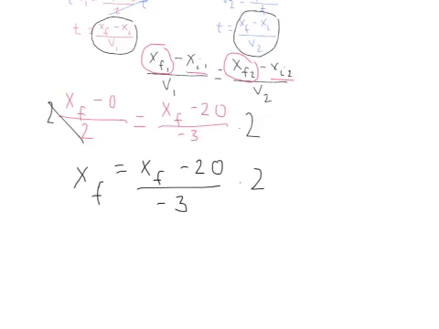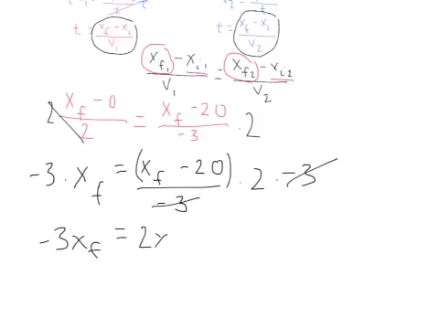We want to get rid of that negative 3, so let's multiply both sides by negative 3, so those cancel. We're left with negative 3 x final is equal to 2x final minus 40. All that I did there was distribute that 2.